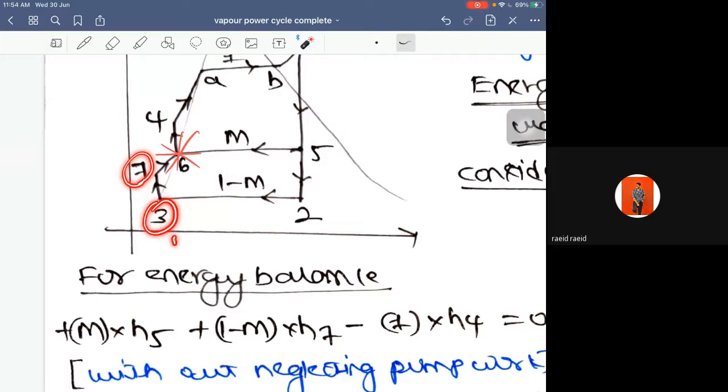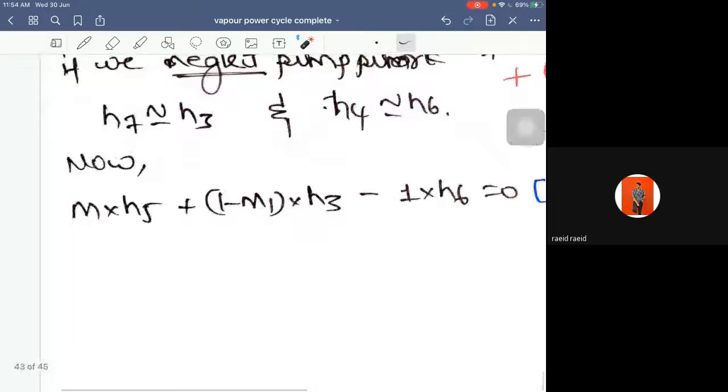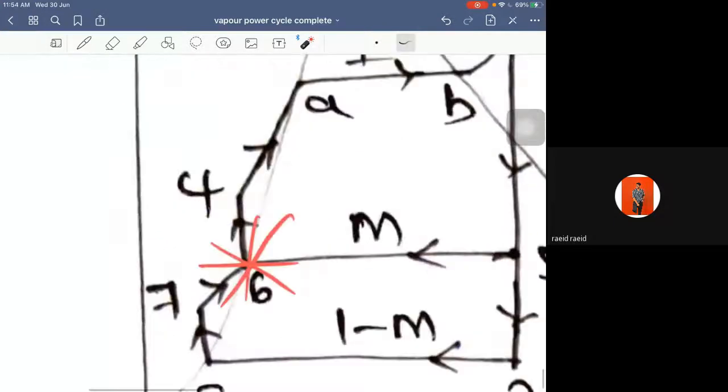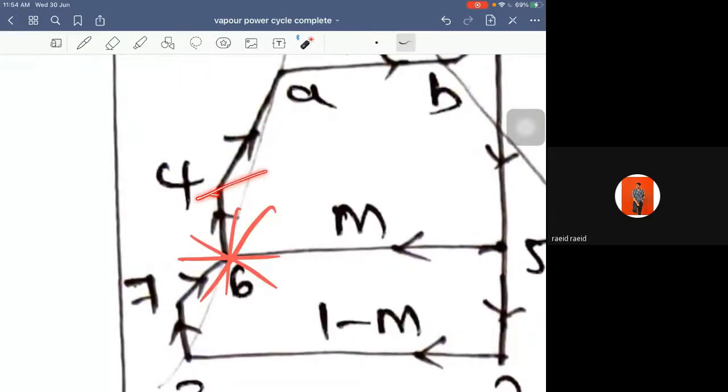Yes or no? Yes, sir. So similarly, if I neglect this pumping work also, even this is also a pumping work, no? If I neglect this particular pumping work, what can I say?